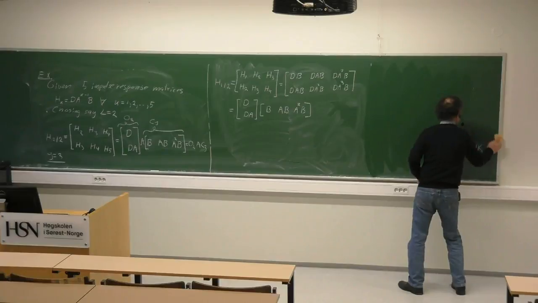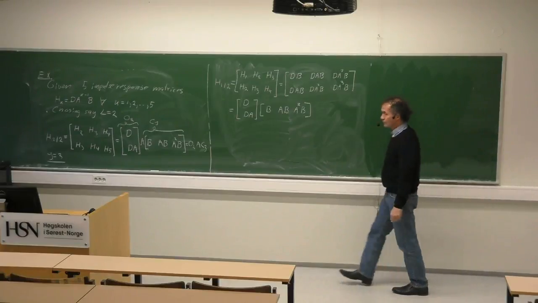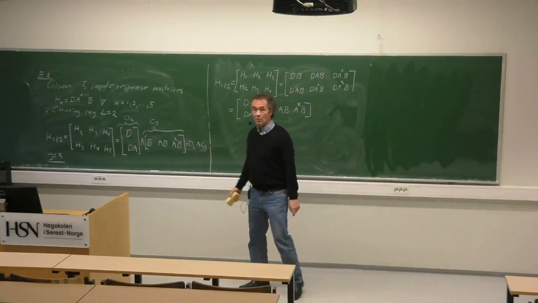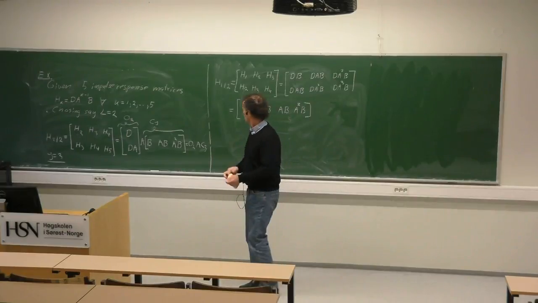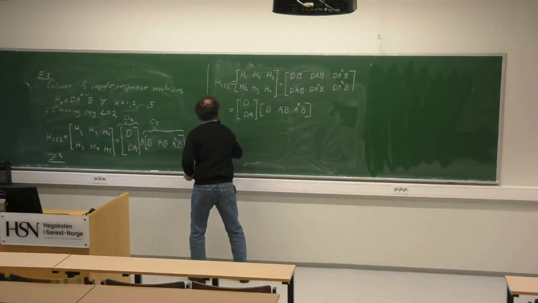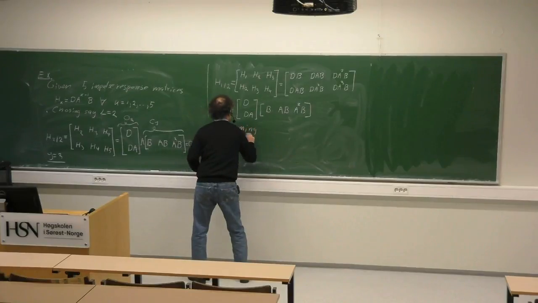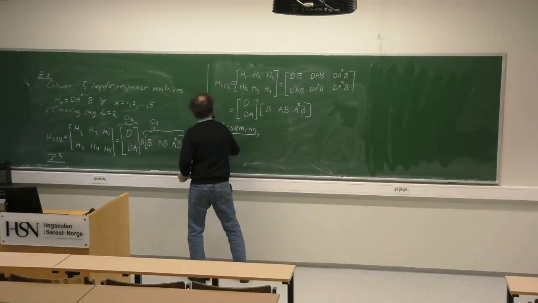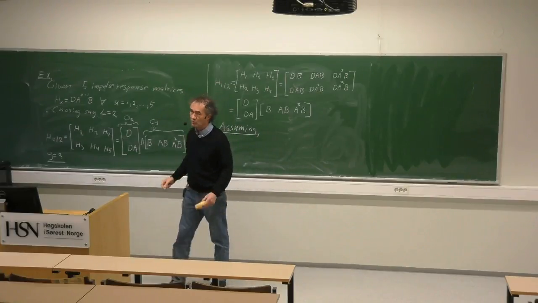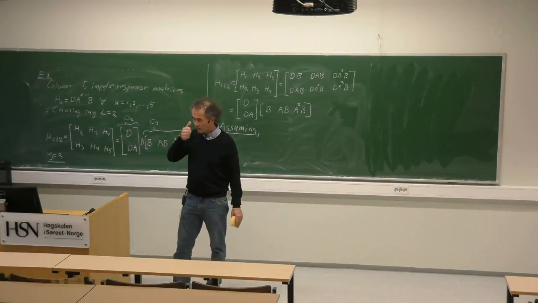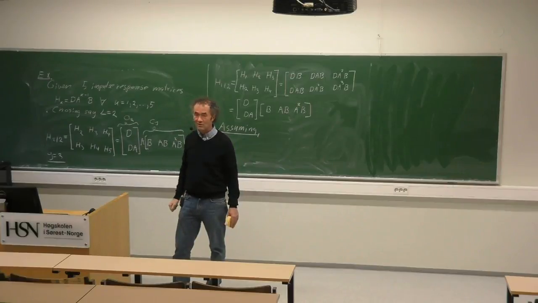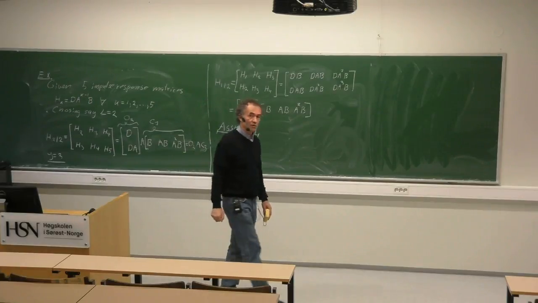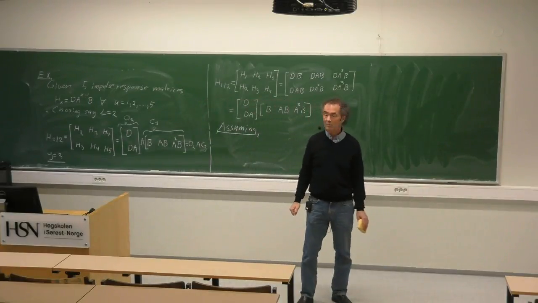Now, assuming that the system is both controllable and observable. In system identification and in control theory also, we usually have to assume that the system is controllable. And in system identification, the system should also be observable.